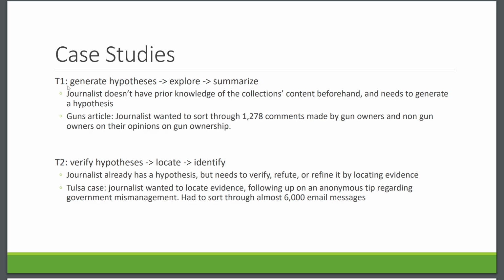So these journalists already know going in what they're looking for, but they're trying to locate and find specific topics. And this program makes it a lot easier to do so. And one example they had was a journalist who got an anonymous tip about government mismanagement. And so they had to go through 6,000 email messages to try and find the evidence that they were looking for. And this helped sort that and make that search a little bit easier.